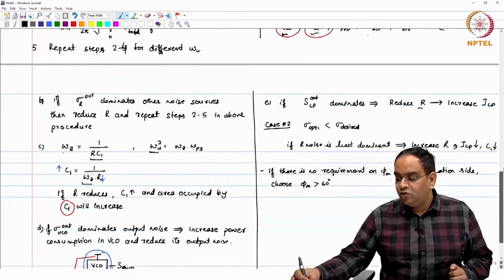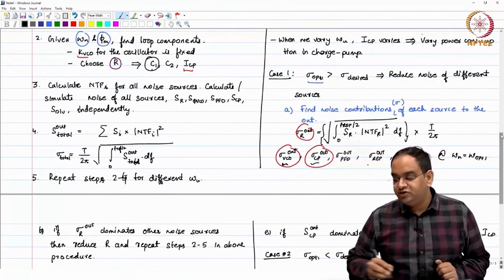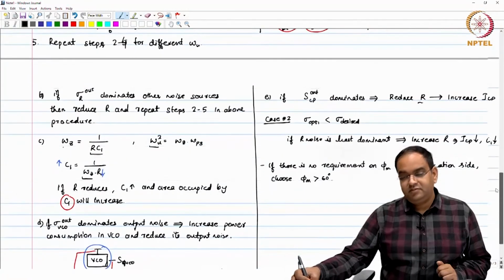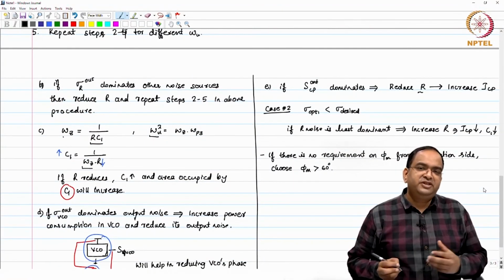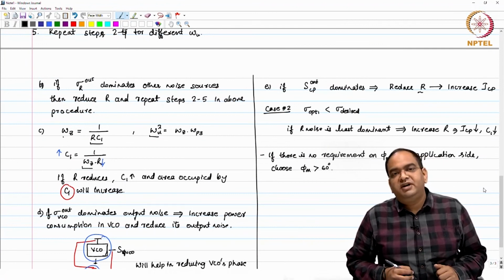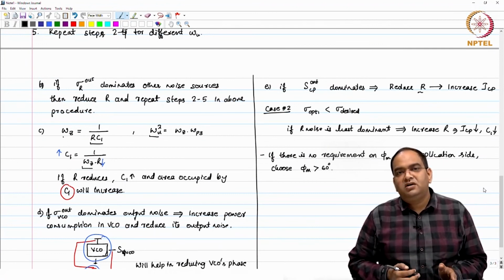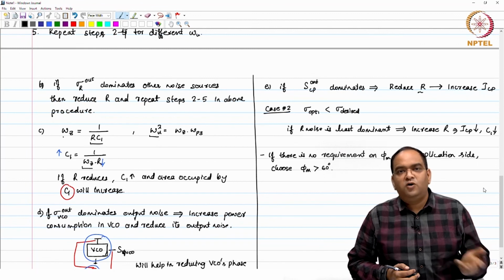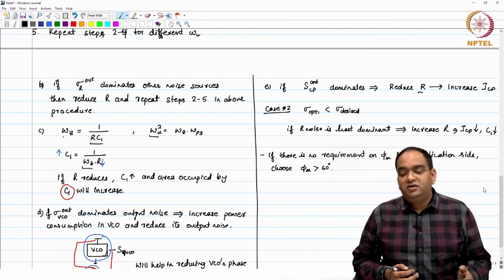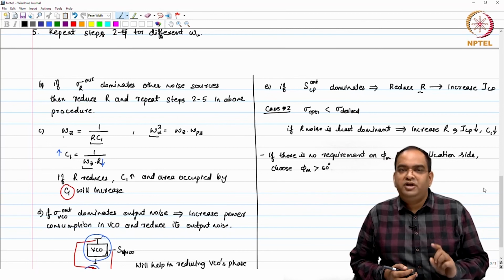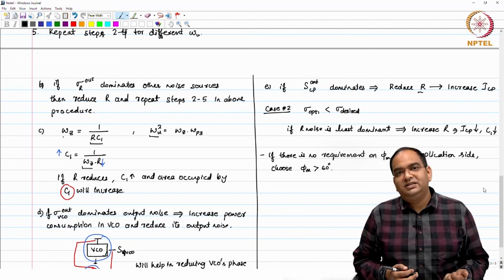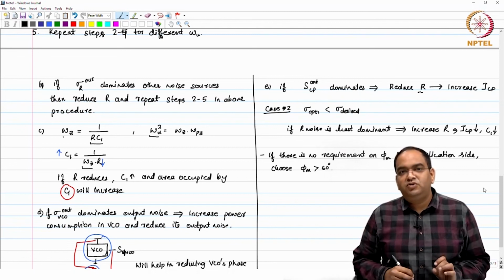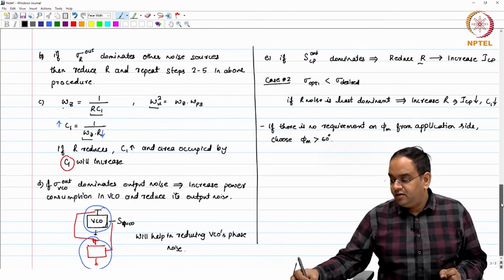So, once I know my other noise sources, I can make phase margin also a variable if there are no requirements, maybe between 60 to 75 degree, and see which is giving me a better output noise. Okay. So, there will always be a trade off. If you want a larger phase margin, your capture area will be large. Okay. So, that is something which you need to always keep in mind, right. Okay. Thank you.